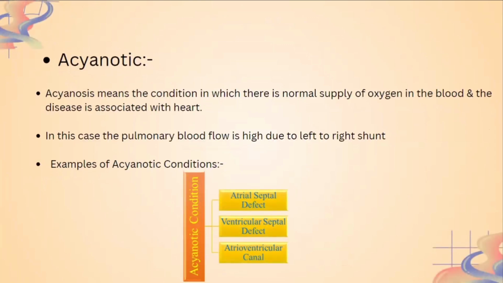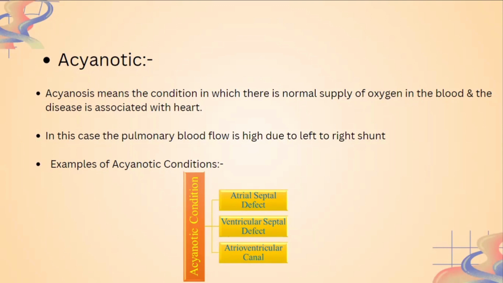Acyanotic. What is acyanosis? It is the condition in which the supply of oxygen is maintained in a normal way, but the disease is associated with the heart. That is, it may be due to the atrium, the ventricular portion, or the canal portion between the atrium and ventricle.